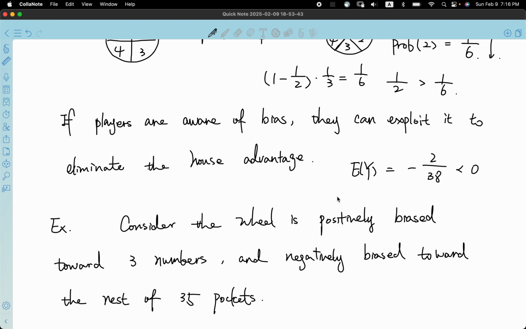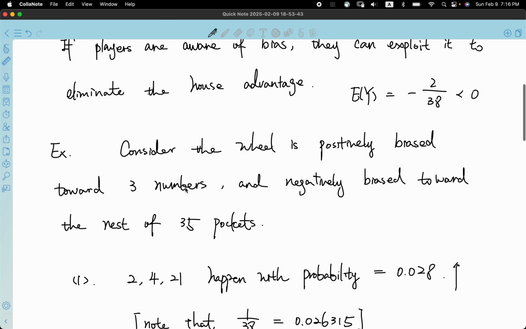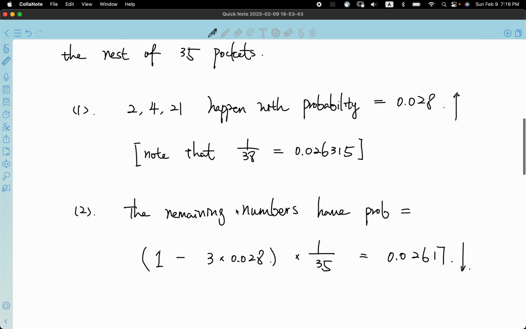Now we're going to consider the roulette which still has 38 pockets, but in favor of specific pockets. Here we're just considering 3 as an example. Let's say the roulette is in favor of these 3 pockets, and we arbitrarily set these 3 numbers to have 0.028 probability, which we set because we want to make it greater than 1/38.